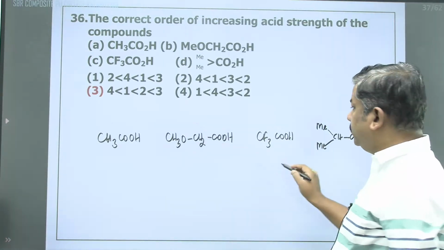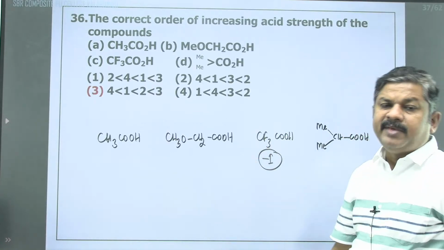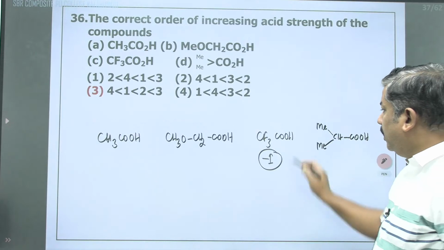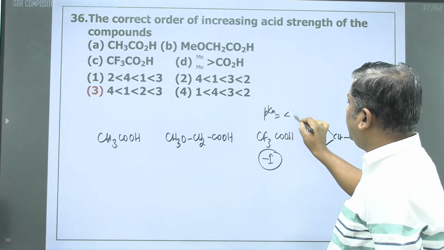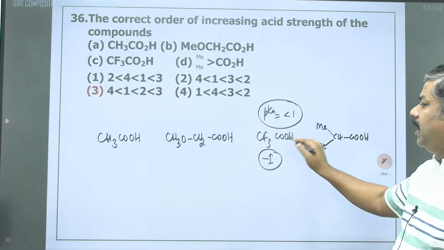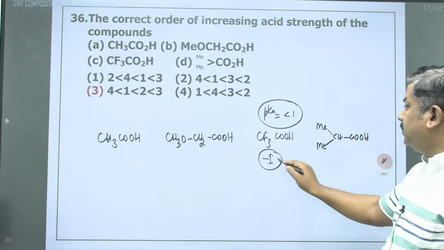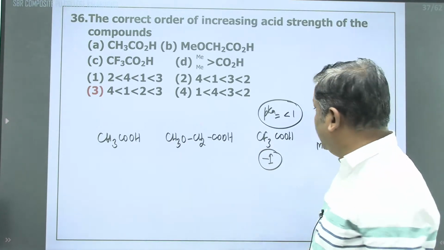Out of these compounds, the fluorine atom is present, which exhibits the maximum amount of minus I effect. You know about this compound, the pKa value is found to be less than 1. It is one of the strongest acids among all the carboxylic acids, trifluoroacetic acid, due to the presence of the maximum amount of minus I effect.